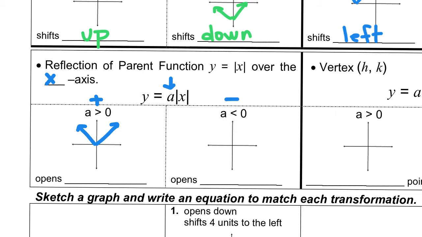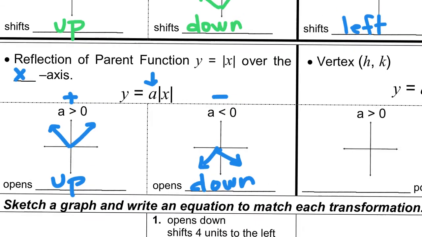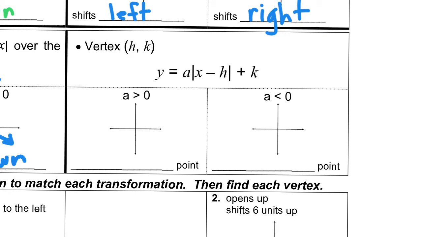However, if a is less than 0, then that implies that it will be reflected. And this is when it will open down. So the first one, we have an open up, and the second one, we have an open down.